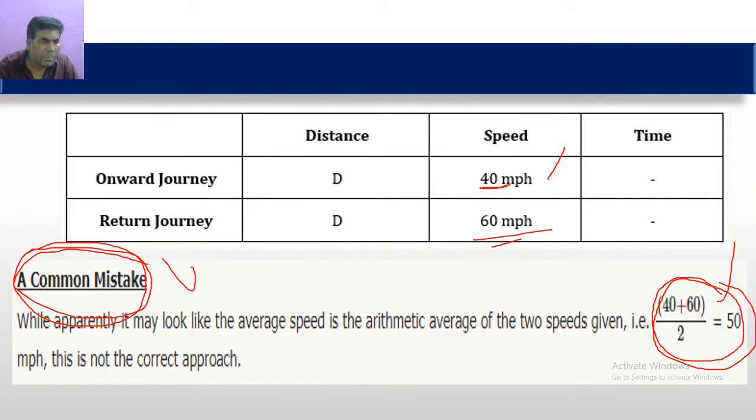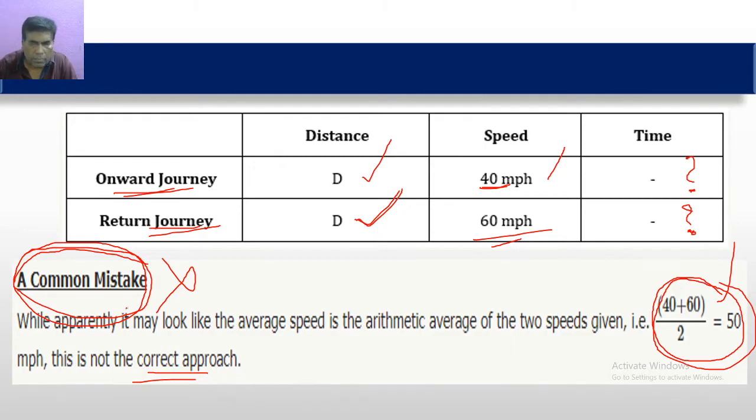But this is a mistake, because this is not the correct approach. During onward journey we have to take the distance as d. During return journey also distance is same. We have to take it as d and we have to find time in the first case and time in the second case. Then we have to calculate the average speed.